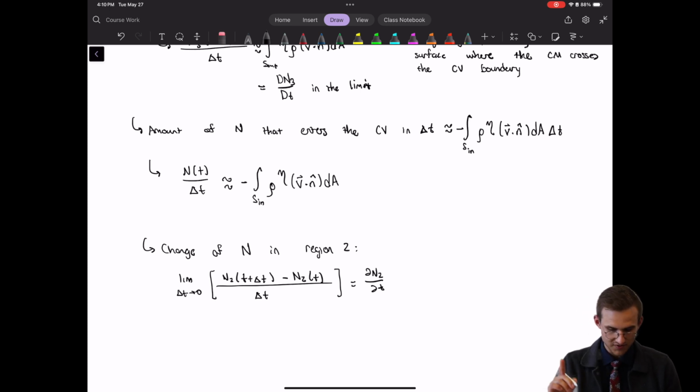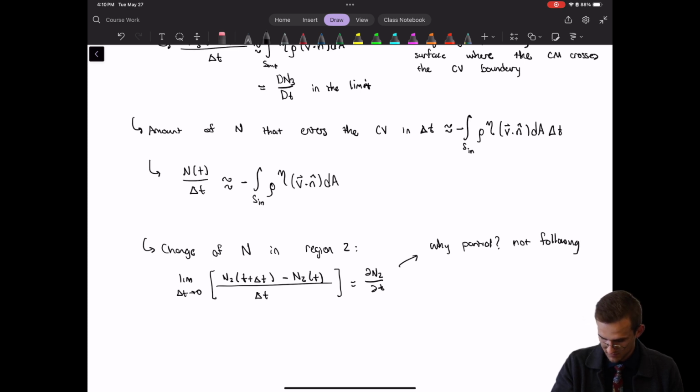Okay, so first of all, why is this a partial derivative? Well, it's because we're not following the mass anymore. We're looking at a defined, fixed region.